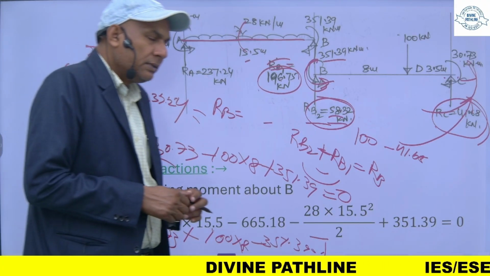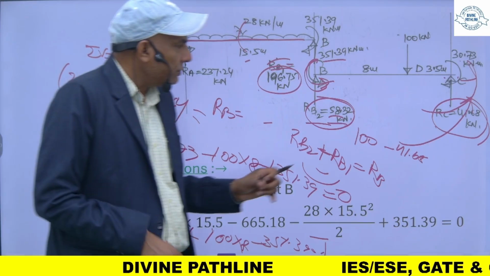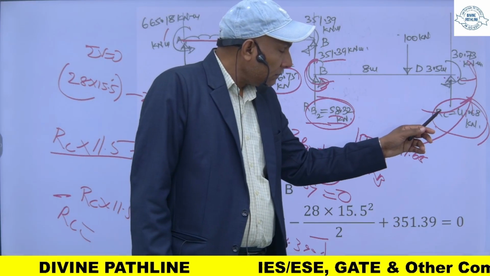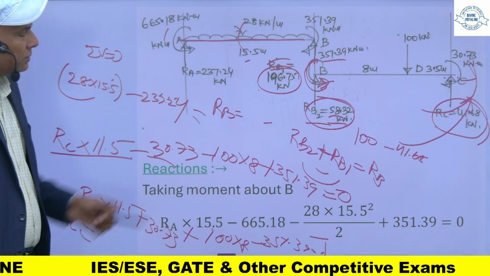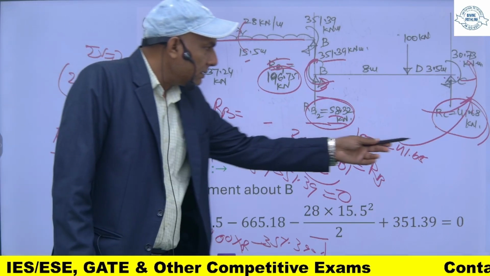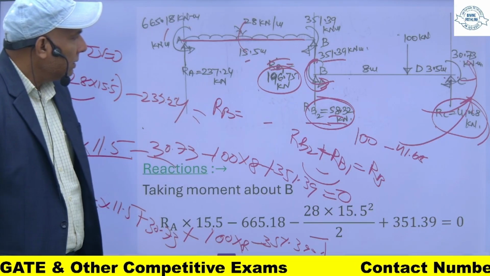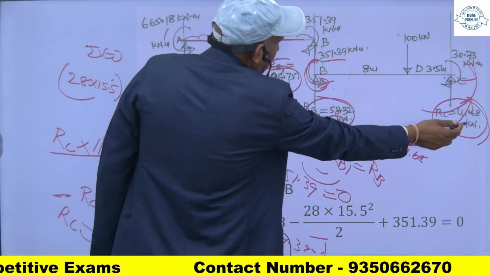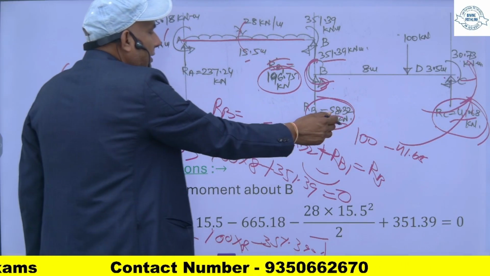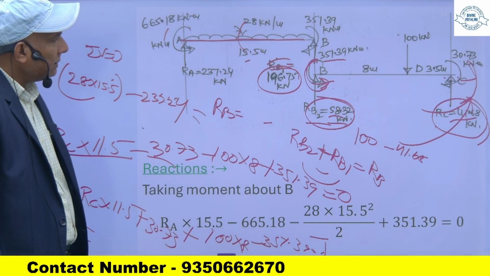But you must know that whatever sign convention you have applied here, the same should be applied at this point also. Now this reaction is 41.68. So now this RB2 will be, total downward load is 100. So this minus 41.68 you will get RB2. This is 58.32.